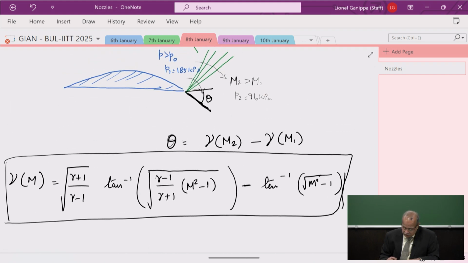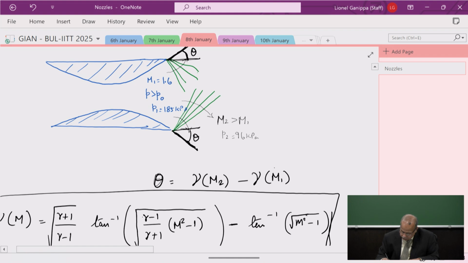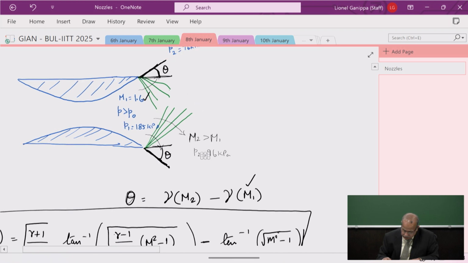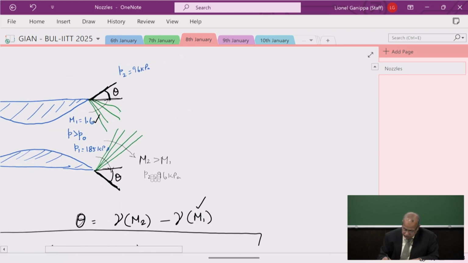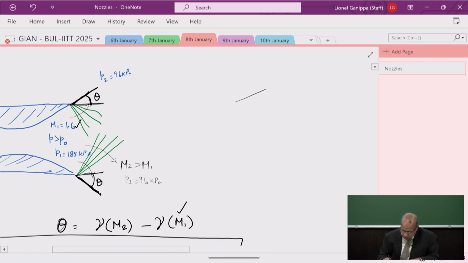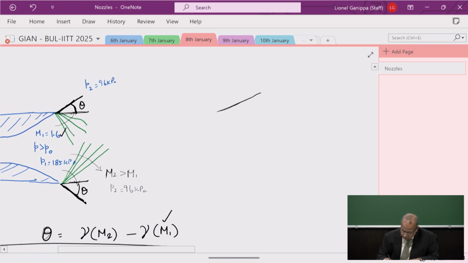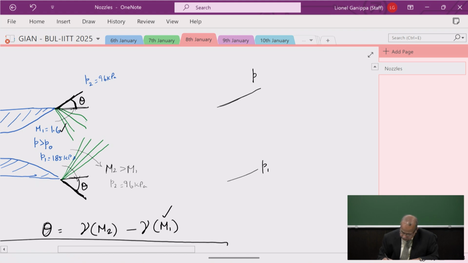From the information that is given, M1 is known. Since it is a Prandtl-Meyer expansion, let's say this is expansion 1, so this is PT1. The static pressure P1 is given as 185, and the corresponding stagnation pressure at this point is PT1.